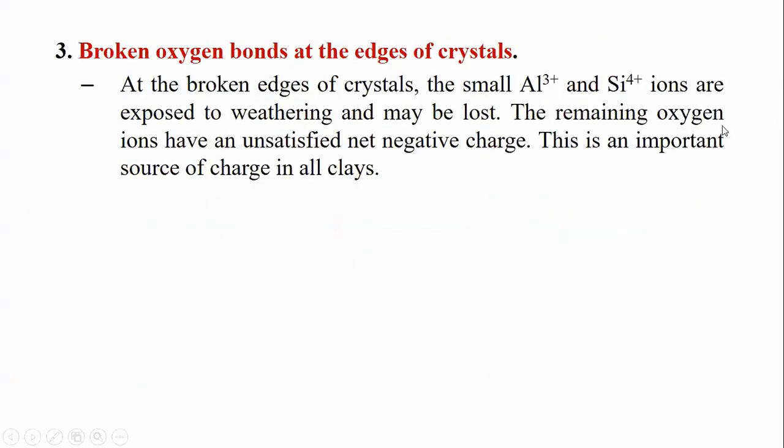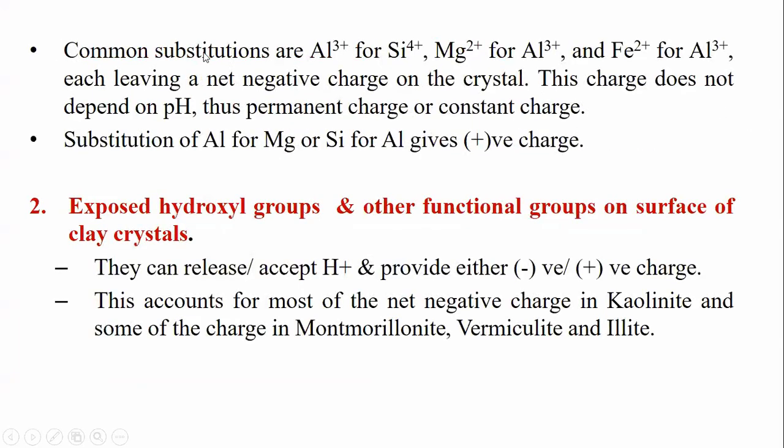Again in the text, you should understand this. Common substitutions are Al3 plus for silicon. If silicon is substituted by aluminum, you can understand from the sentence that there should be a net charge, right? Again, magnesium substituted for aluminum gives one negative charge.